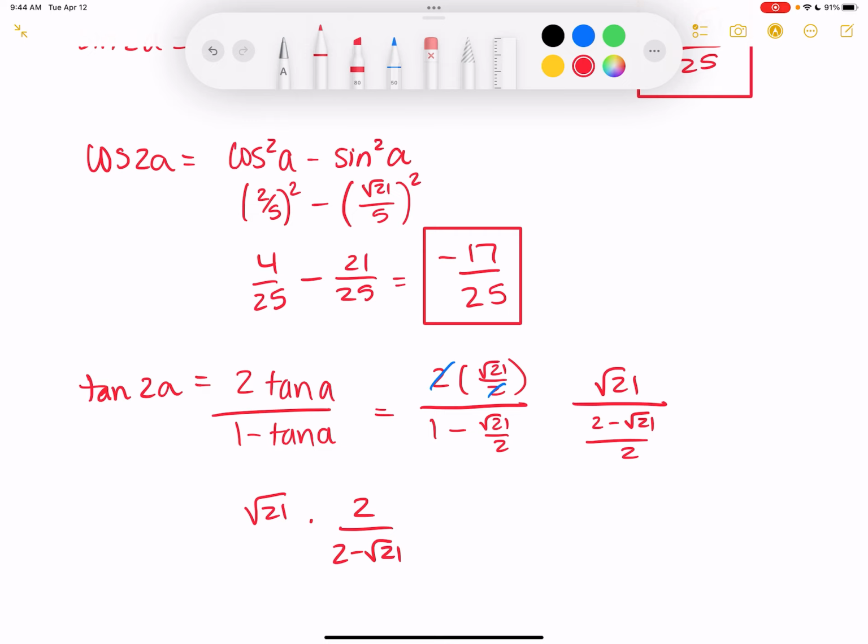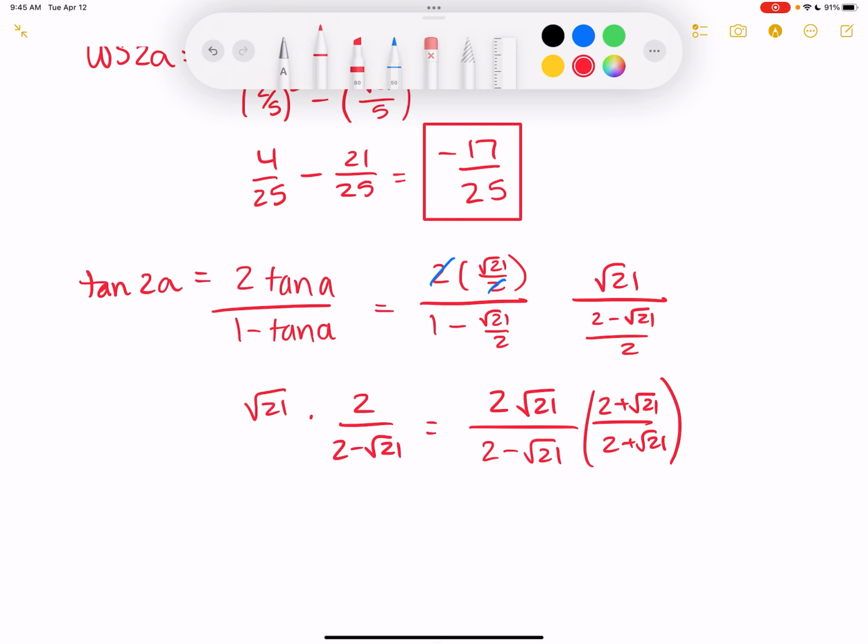And no, the square root of 21s can't cancel, because I foresaw that question coming. So 2 square root of 21 over 2 minus square root of 21. Now what? Multiply top and bottom by 2 plus square root of 21.